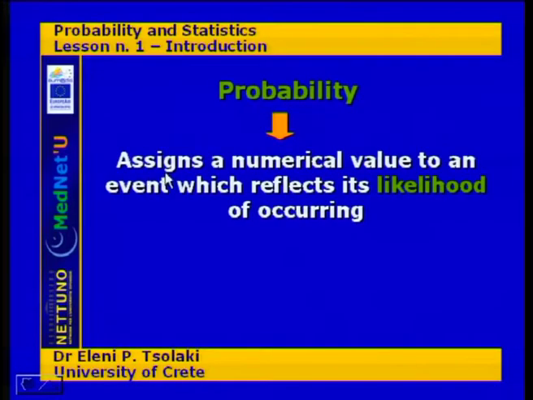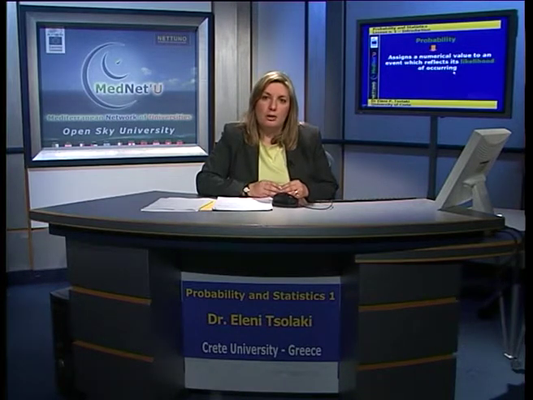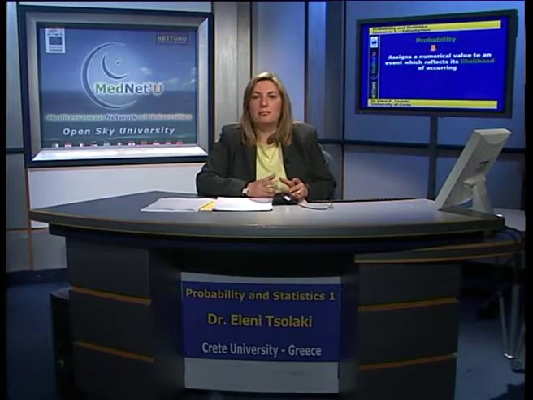So probability would assign a numerical value to an event which reflects its likelihood of occurring. Probability is the discipline that will give us a measure for this certainty or uncertainty. We all want to speak the same language.